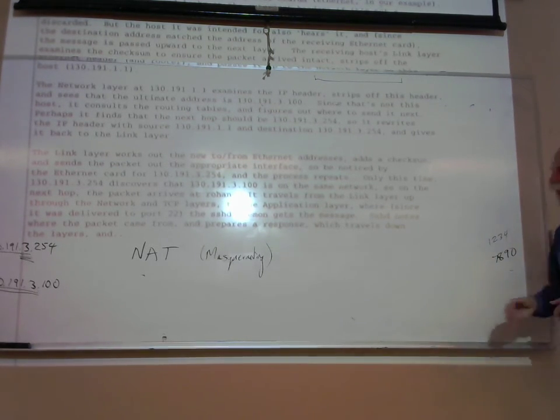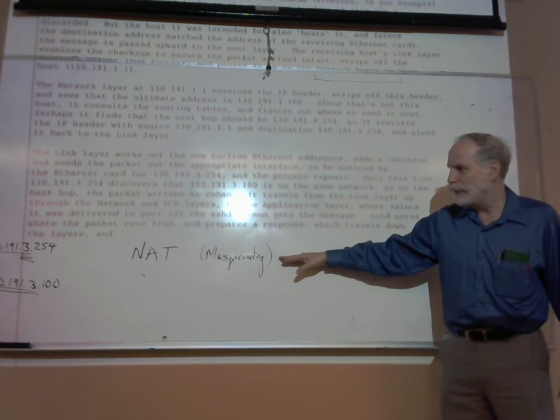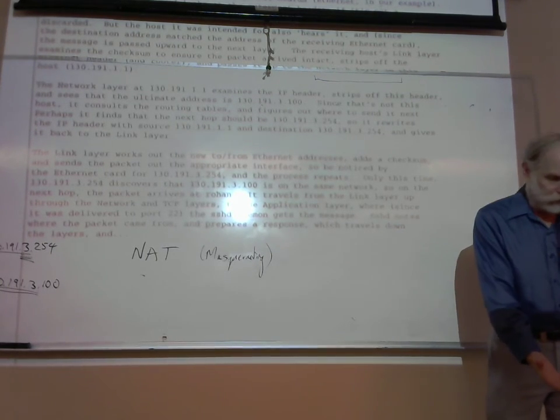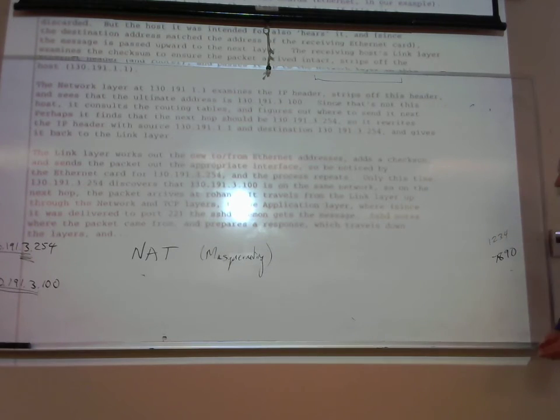So that's how we can have fake addresses, coming from some place the rest of the world doesn't know about, and still actually be able to communicate in both directions with them. Legolas handles that for us by pretending that the stuff is supposed to come back to Legolas. And then when it gets there, it figures out, oh, I went to this port, I'm not really supposed to look at it here on this machine. I'm supposed to send it to one of my flock of sheep that I'm tending.